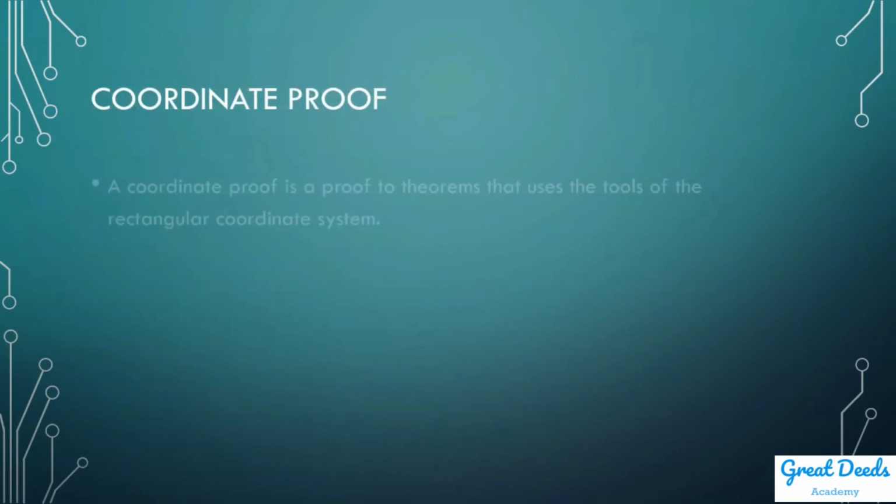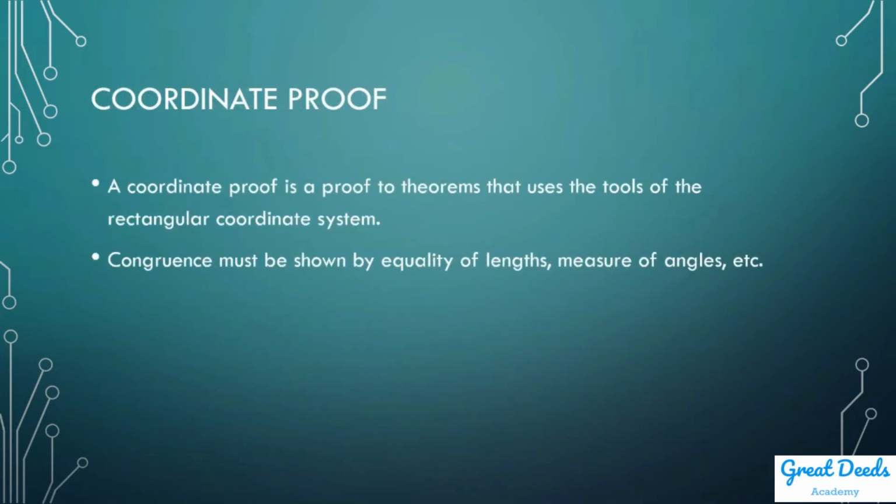What is a coordinate proof? You know what proof means. Proof is a demonstration that a proposition is true. You did a lot of that in junior high school math. So a coordinate proof would also be a proof, but we are using the tools from the rectangular coordinate system.